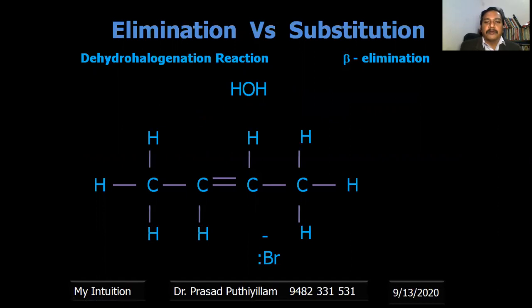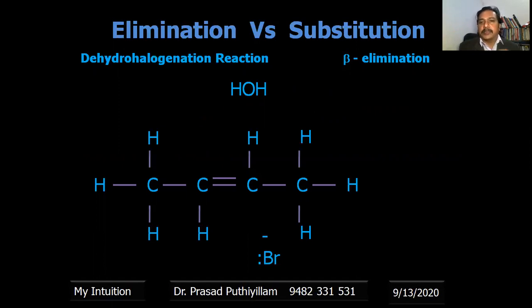Therefore we'll be getting the corresponding 2-butene as well as a water molecule and bromide ion, which goes with the potassium or sodium, if we use potassium hydroxide or sodium hydroxide. So this is about the beta elimination reaction.